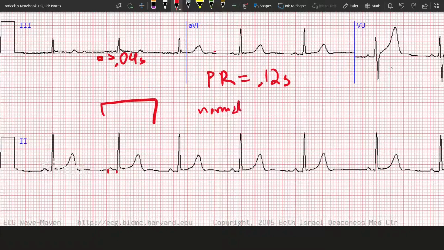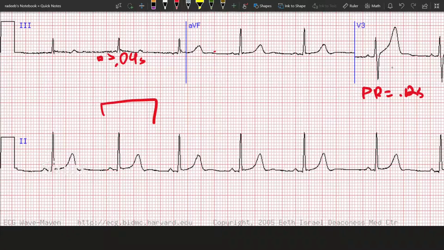Normal PR interval should be below 0.2 seconds, and 0.2 seconds is one large box. So if you notice that your PR is getting close to a large box or longer than a large box, then you're dealing with a prolonged PR interval. Here our PR is fine, it's 0.12. So let's go back to the complex. I'll just write here PR is 0.12 seconds, just to keep that there.